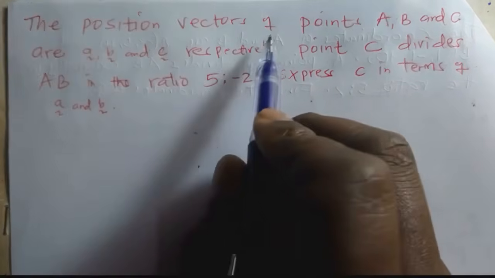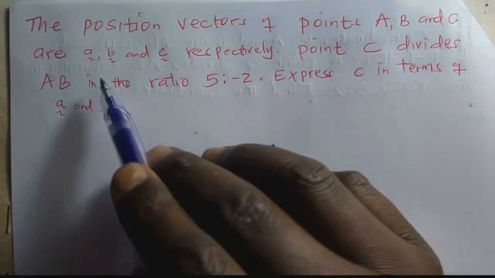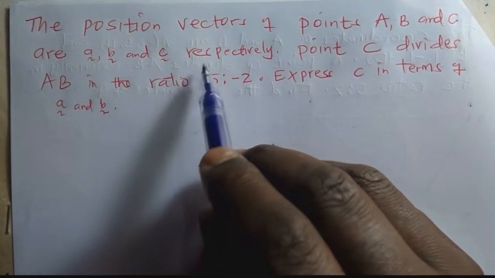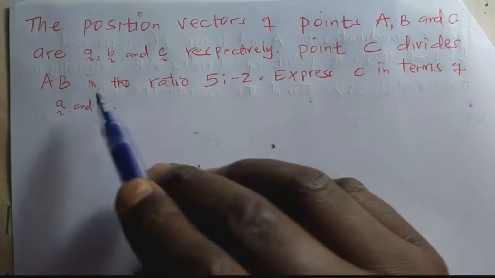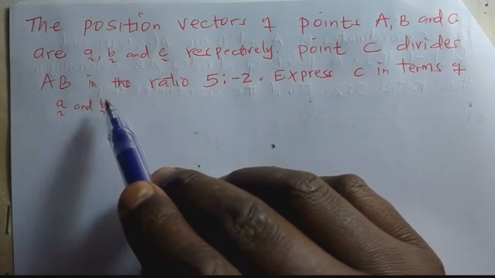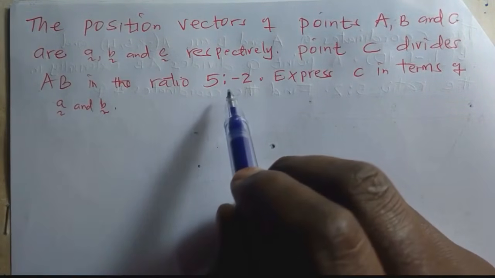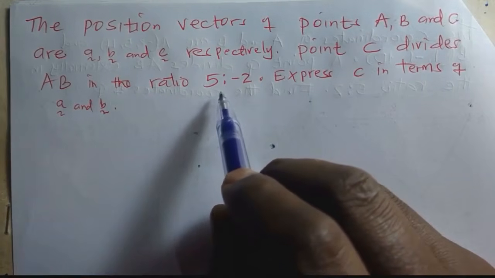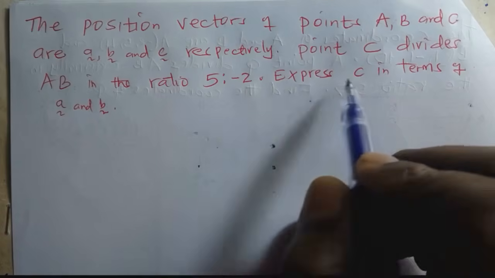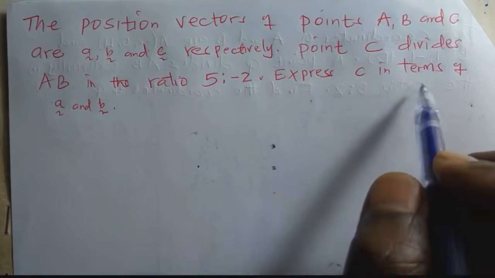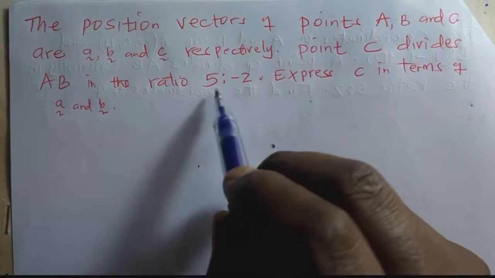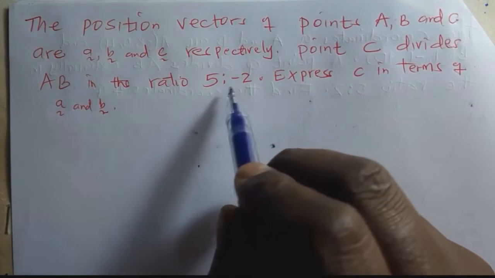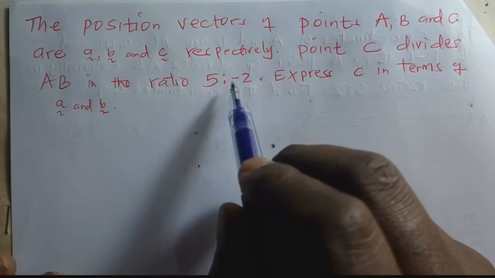The position vectors of points A, B, C are a, b, and c respectively. Point C divides AB in the ratio 5 to negative 2. Express c in terms of a and b. So when it is dividing like this, it is external division.